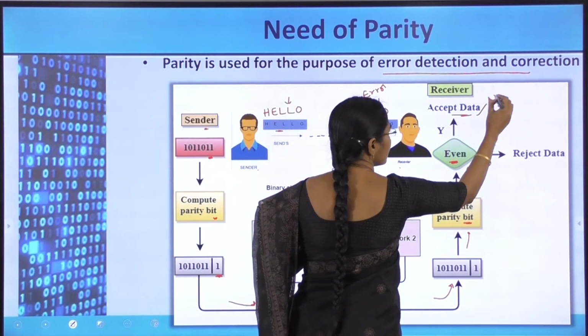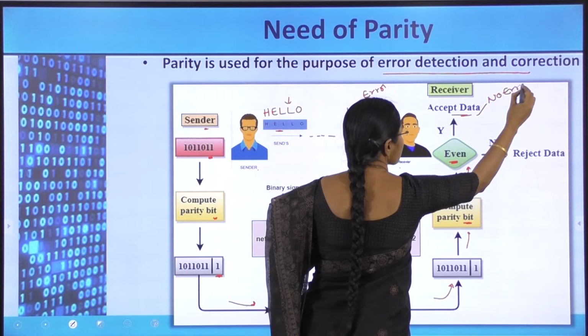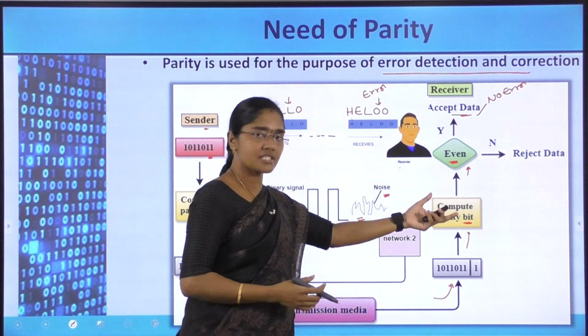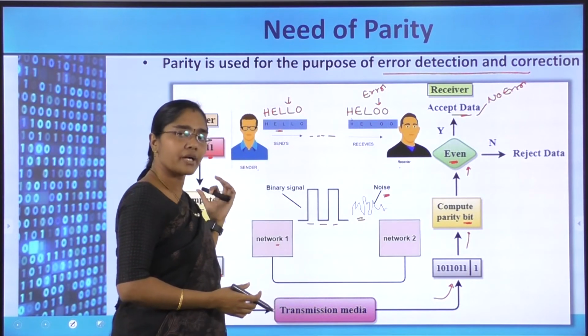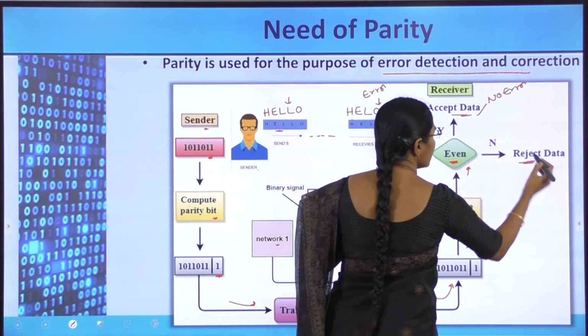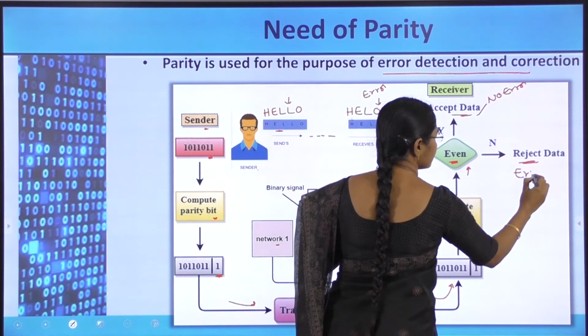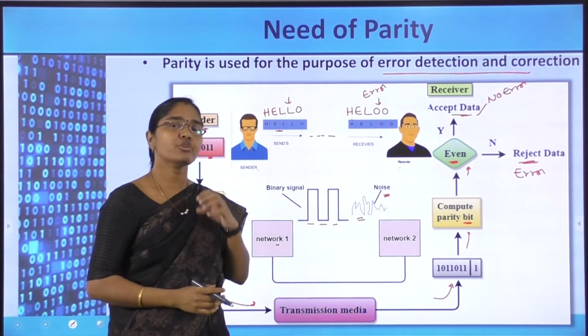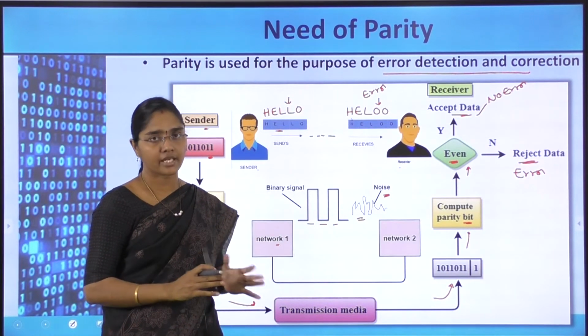That means in that message no error is there. Or if the parity of the received data does not match the parity of the sending data, then it means that it is an error case. Like that, detection of error can happen with parity.